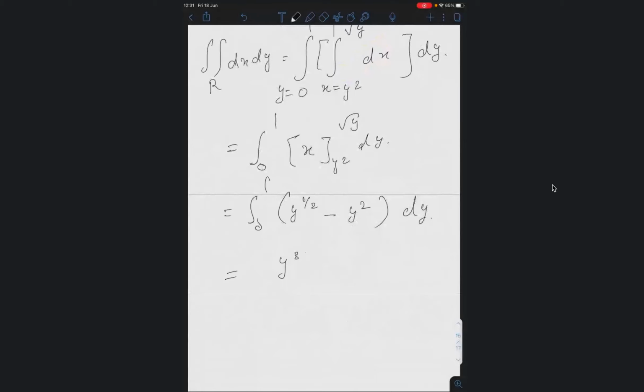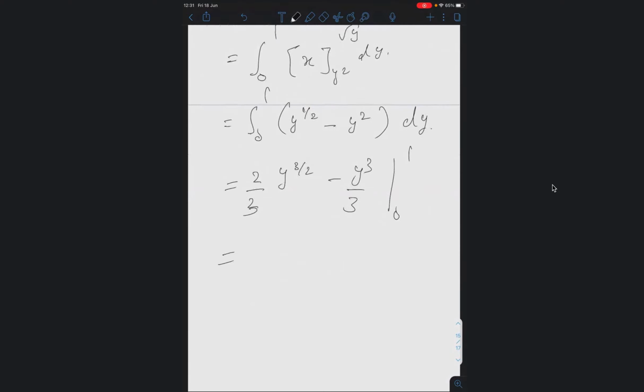So this will be y to the power 3 by 2 divided by 3 by 2, so I'll write 2 by 3 here, minus y cube by 3, limits 0 to 1. At the lower limit, both terms will be 0. At the upper limit you will get 2 by 3 minus 1 by 3. So you will get 1 by 3 square units.